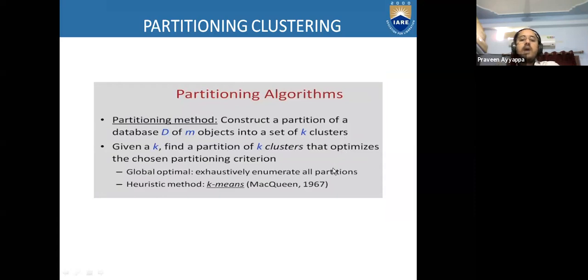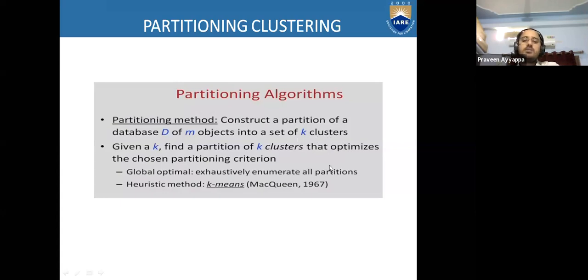Suppose we have three clusters, K represents three, for example. So it needs to be divided into M objects. Suppose M objects are x1, x2, x3, x4, x5, x6, x7, x8 and x9. Then K is going to be 3, and K represents the three clusters.